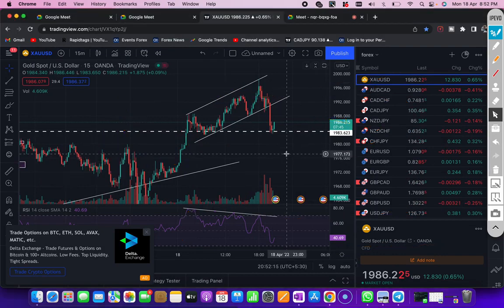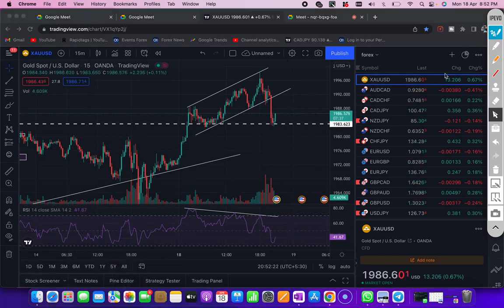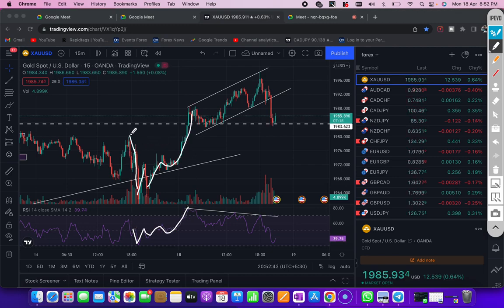That's how the RSI indicator looks. You will see that RSI behaves according to price. Price comes down, RSI comes down; price goes up, RSI goes up; price goes higher, RSI goes higher. So RSI follows the price.